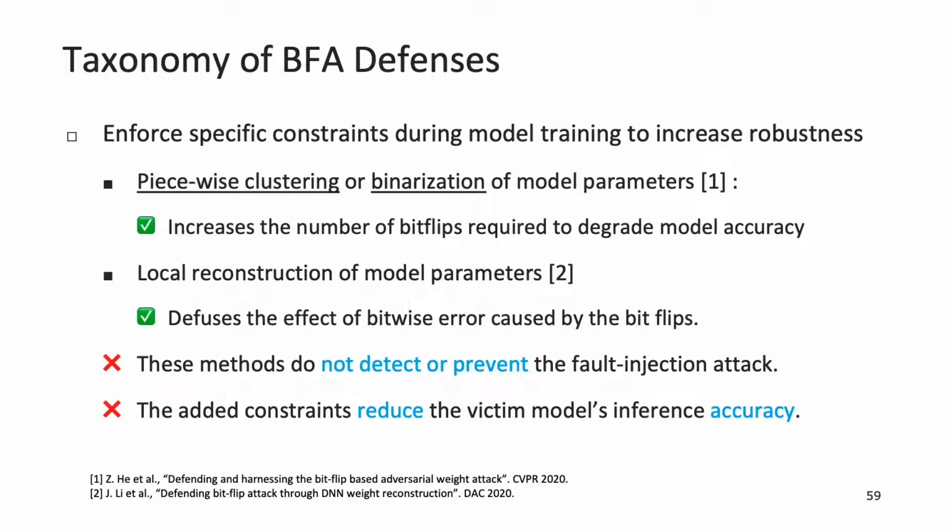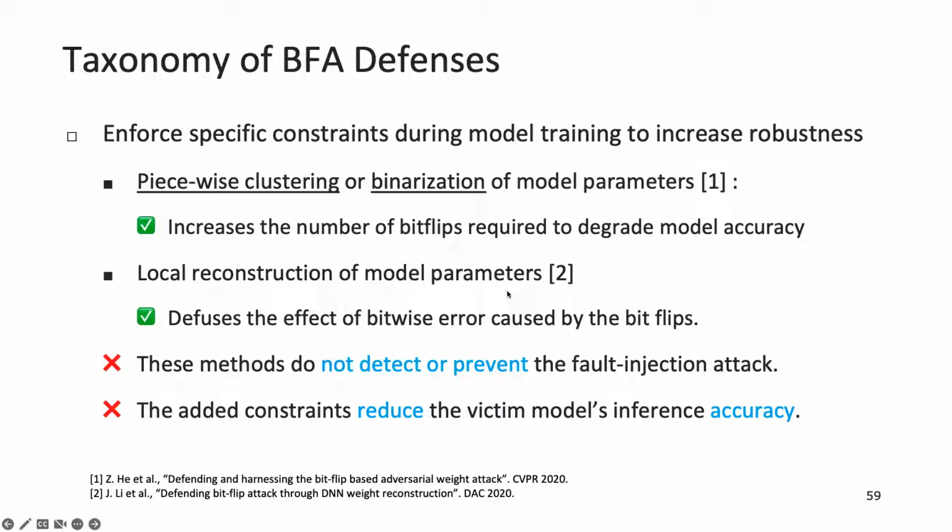The first type is based on enforcing extra constraints during the training process of the neural network to make the model more robust. There are two examples of this type of defense. The first is piecewise clustering, or using binarization on the model parameters, because binarized networks are shown to be more robust to bitwise perturbation.